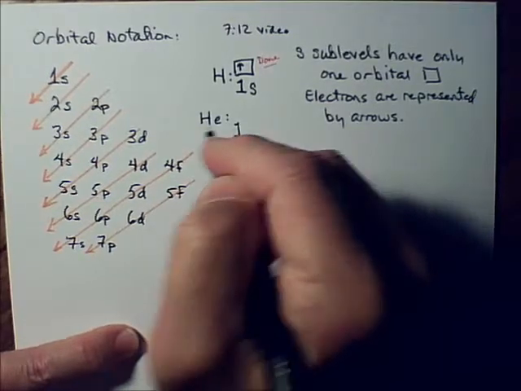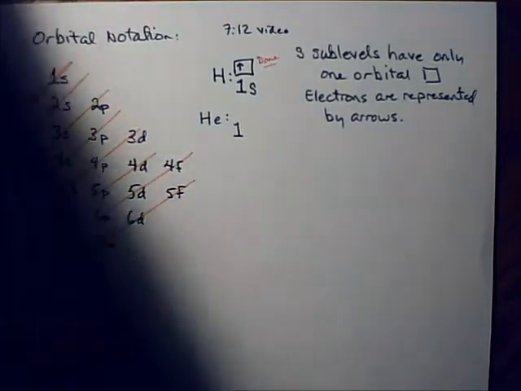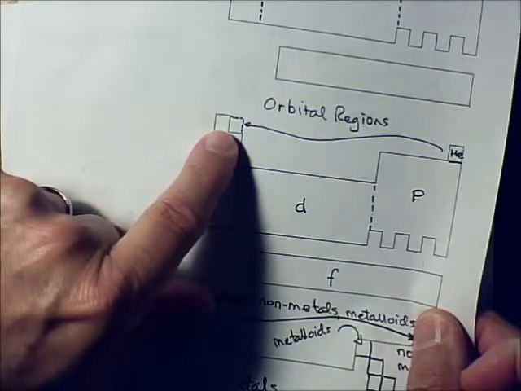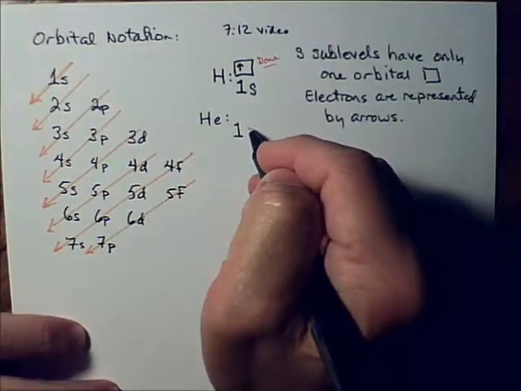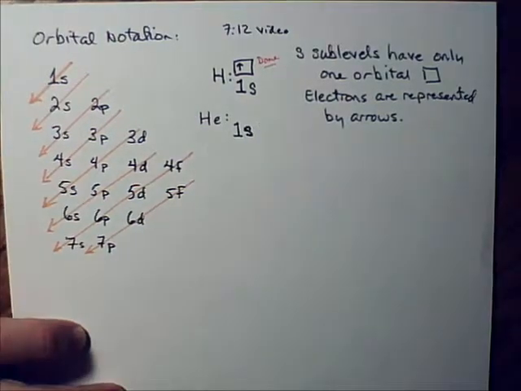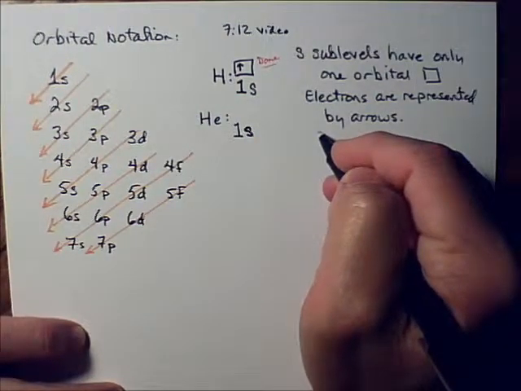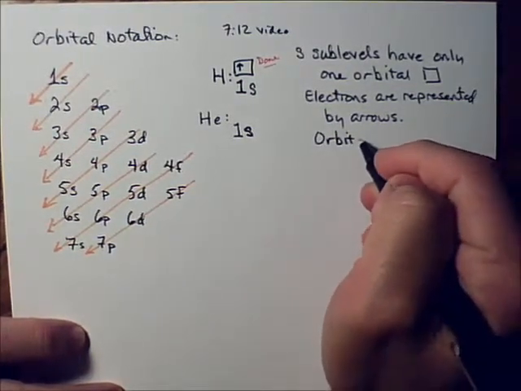And what sublevel region, what orbital region is helium in? S, because we moved helium from over here to here. It's in the S sublevel region as well. So this next electron is going to go in 1s.